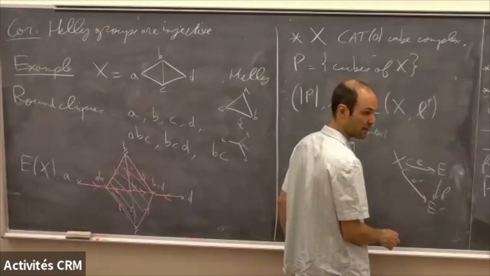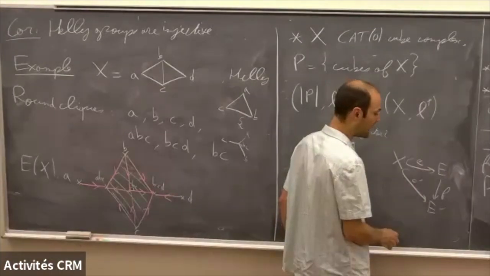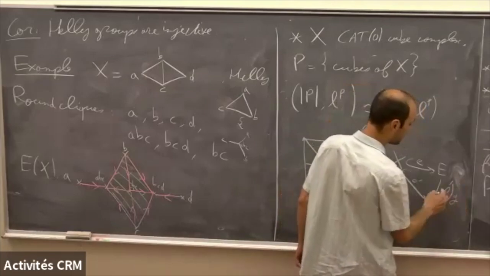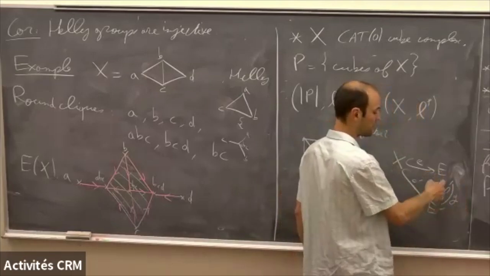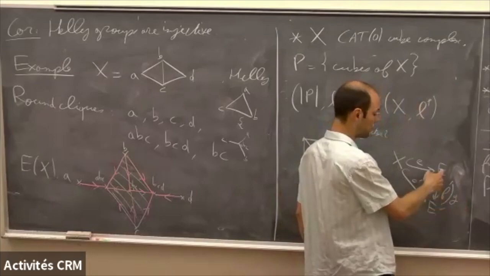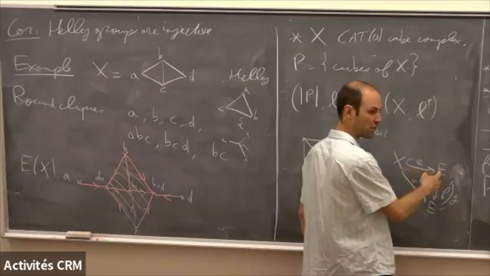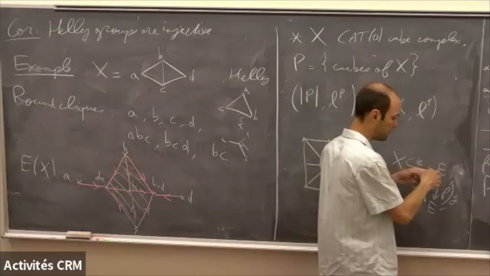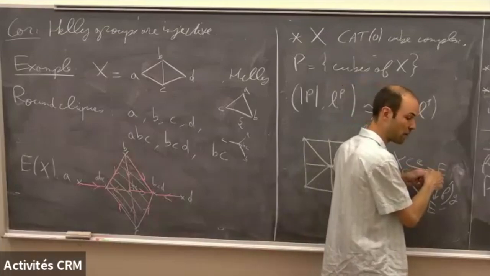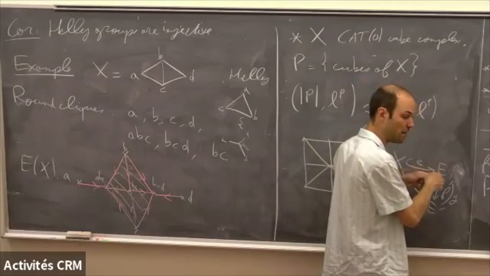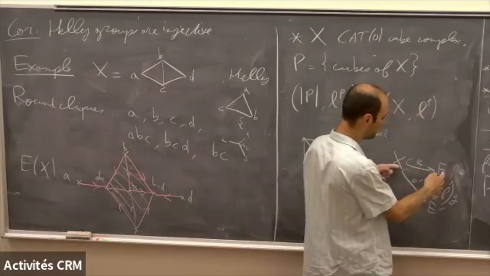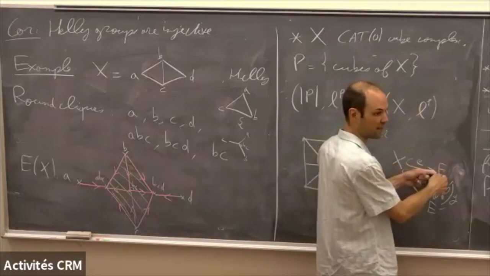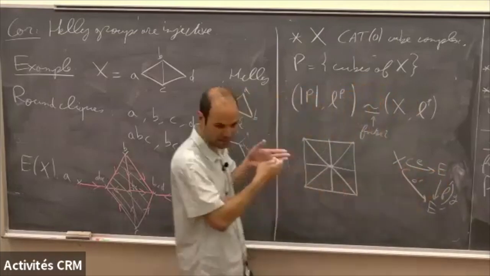Why is it unique? It's unique because if not, you will have a one-Lipschitz self-map in E which is the identity on the image of X. And it's inside the proof of the fact that the space E of X described by Isbell is the minimal injective hull, that if you induce the identity on the image of the embedding, then you are actually the identity. It's not immediate from the definition.